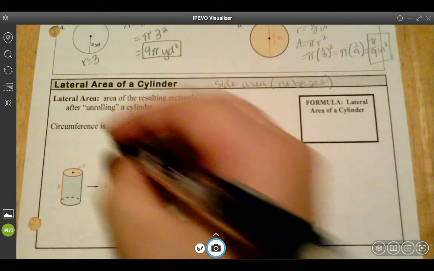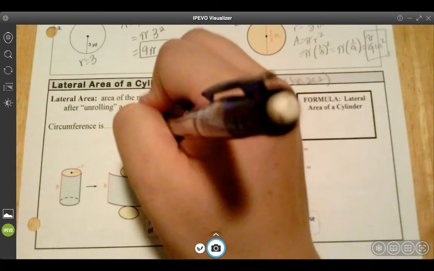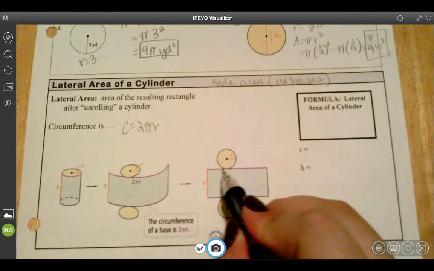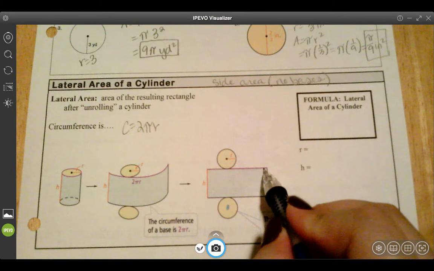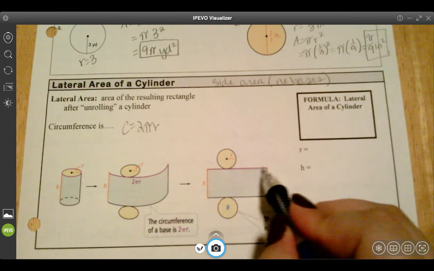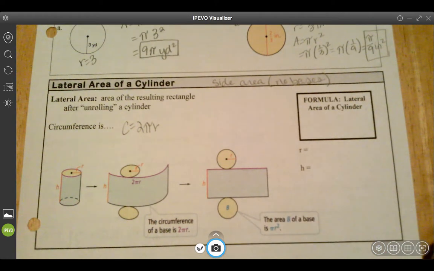And so we can find the circumference. Circumference is 2 pi r, and that's going to give us the usually long length of the cylinder, the length that goes around the circle. And then the height comes from the distance between the two circles.